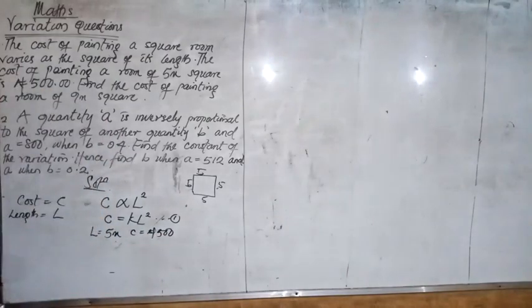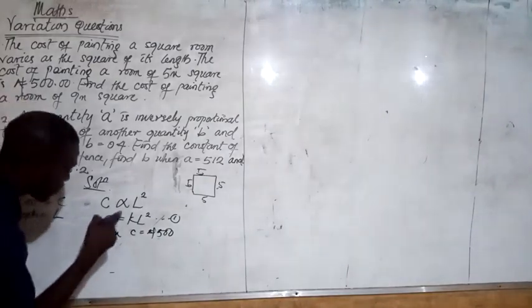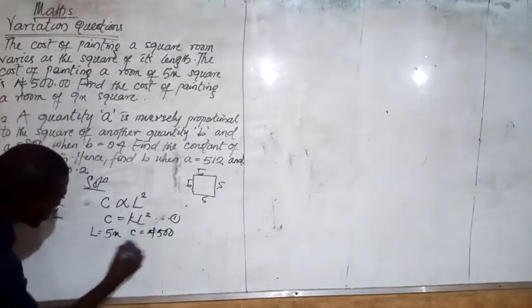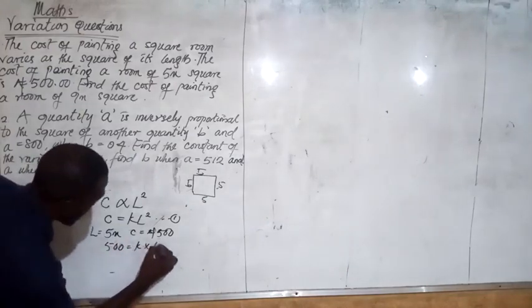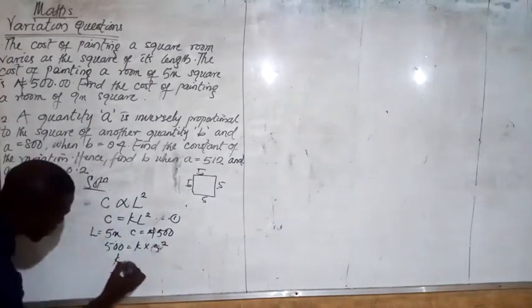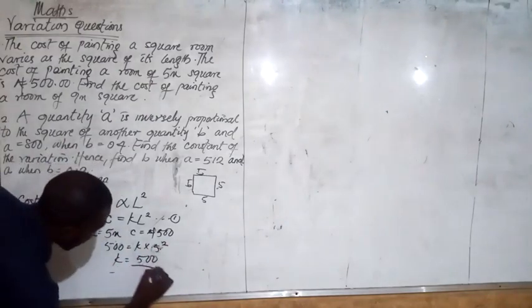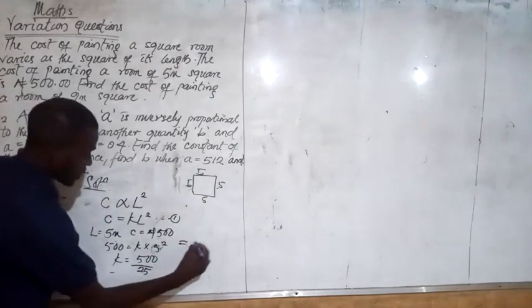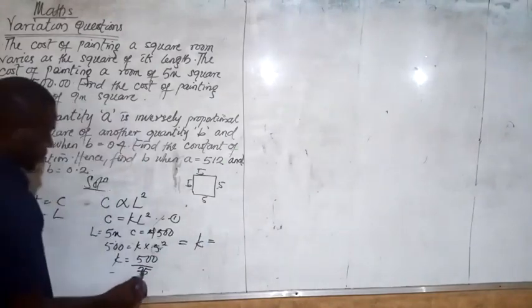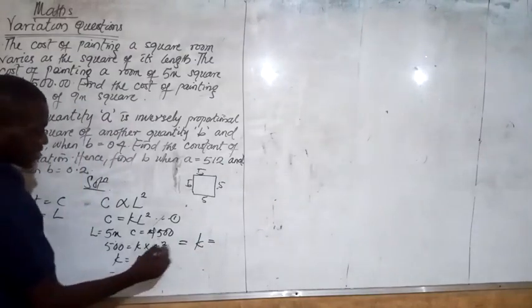So we simply plug in our values to find the value of K. We have 500 is equal to K times L squared, which is 5 squared. So K is equal to 500 over 25, so K will be equal to 20.